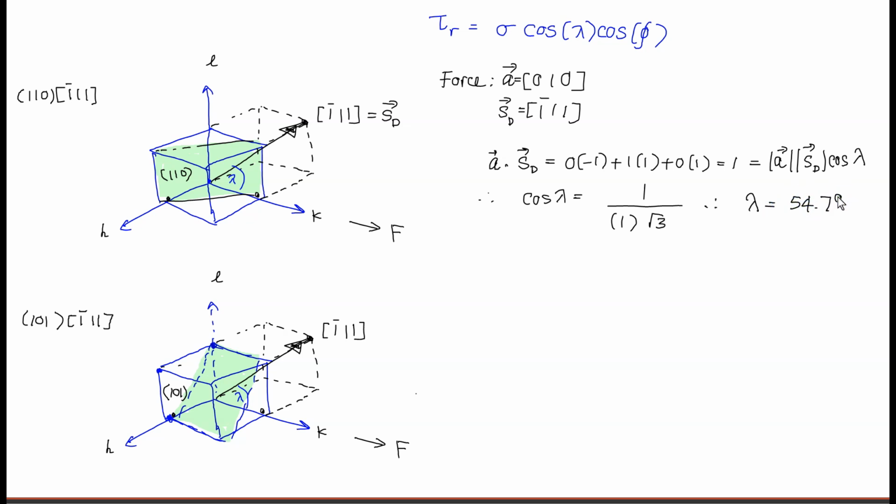Okay, very good. Now we've got that, but cosine phi is going to be different in both cases. Now, to find phi in both cases, let's make use of the fact that for a cubic cell, the direction 110 is perpendicular to this plane.